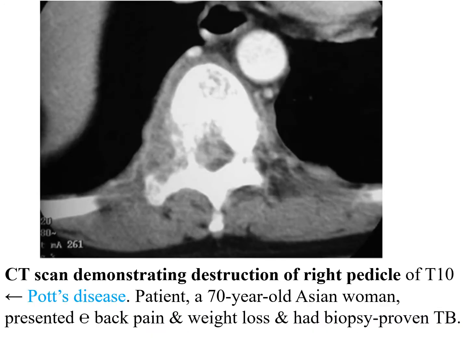This is a CT scan demonstrating destruction of the right pedicle of thoracic 10 due to Pott's disease. The patient, a 70-year-old Asian woman, presented with back pain and weight loss and had biopsy-proven TB.